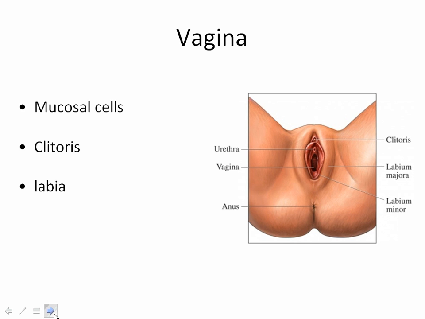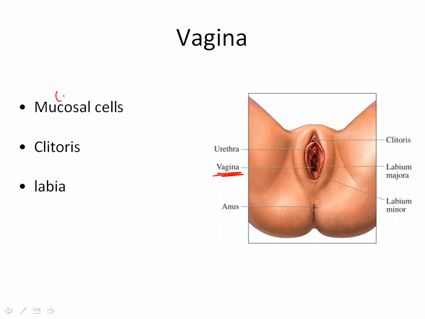So here's a diagram of actually the vulva. So people get the vagina and the vulva confused. The whole structure, everything included, is called the vulva. When we talk about the vagina, it is just the opening here. That's what we refer to when we're referring to the vagina. So the vagina is going to be lined with mucosal cells.